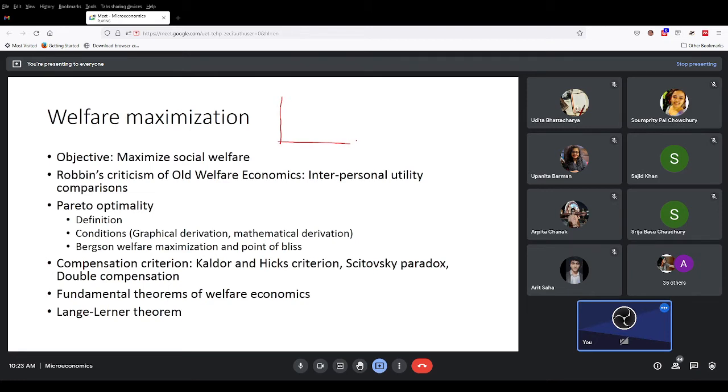So this is cheese and this is any other commodity X. If you have more cheese, these are all better. If you increase consumption of X, that is also better. So instead of an indifference curve, you have points. But you can rank all of them.